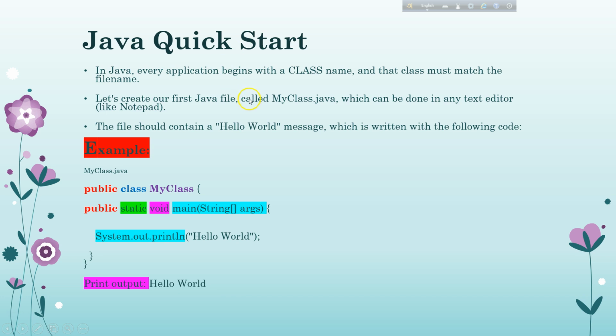Let's create our first Java file called MyClass.java, which can be done in any text editor like Notepad, or you can do it in Eclipse IDE or IntelliJ. The file should contain a hello world message, which is written in the following code.